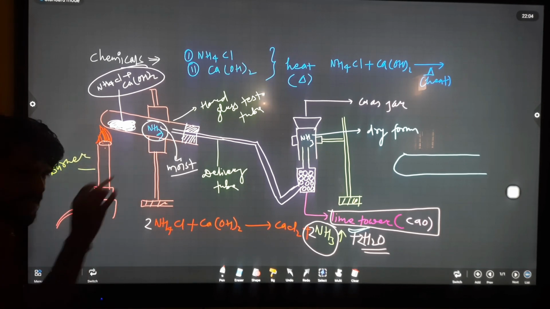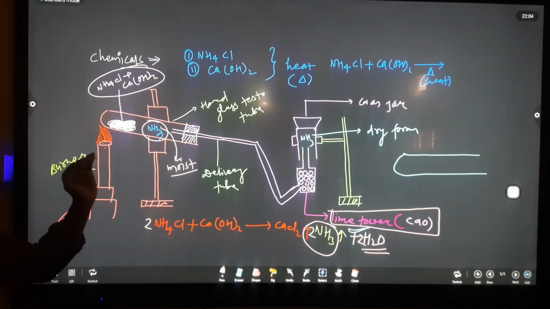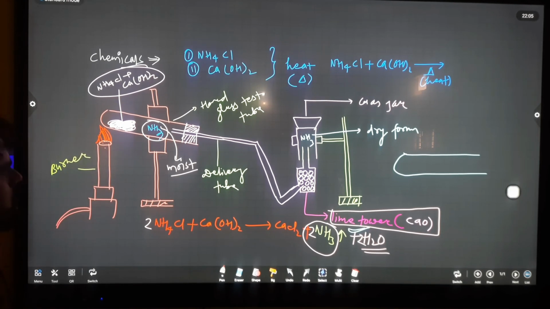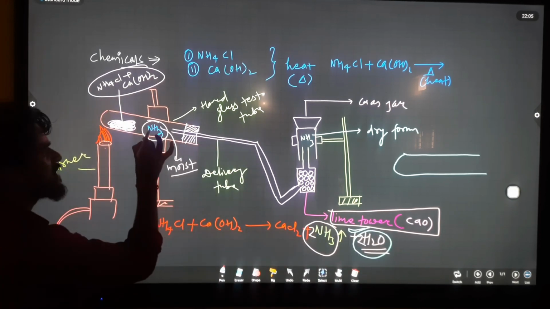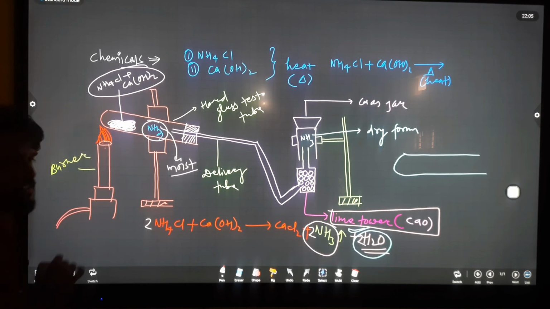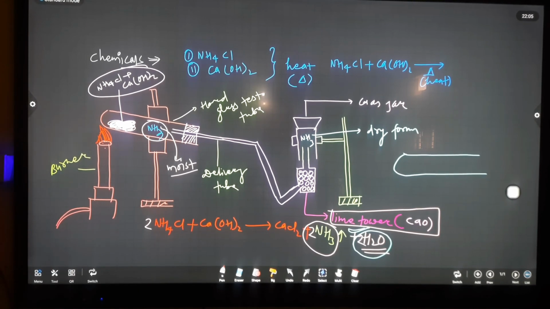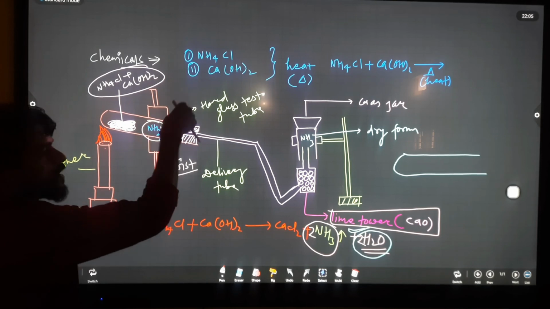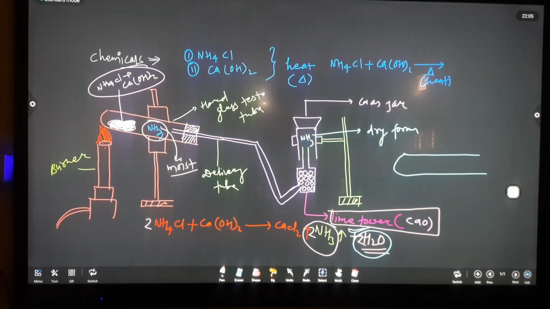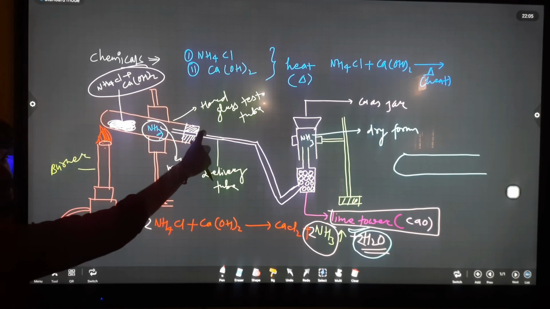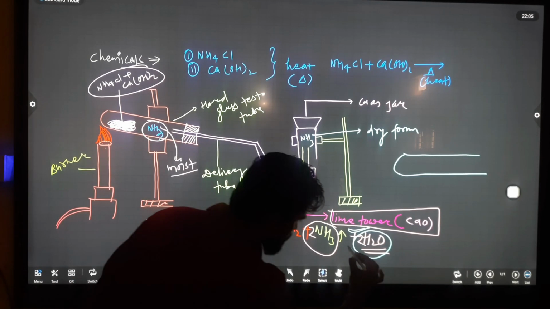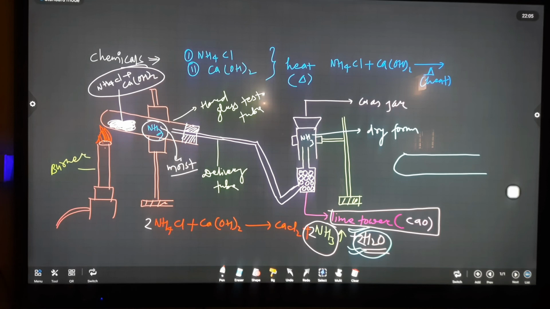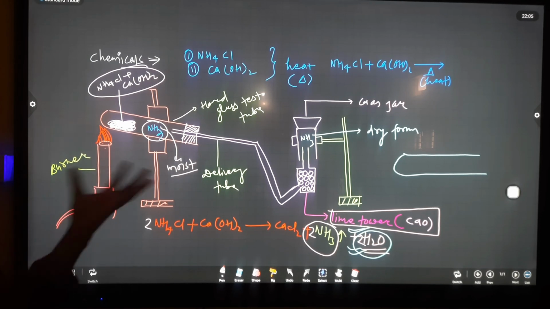If we don't adjust it like this, the water produced also gets heated and changes into steam.